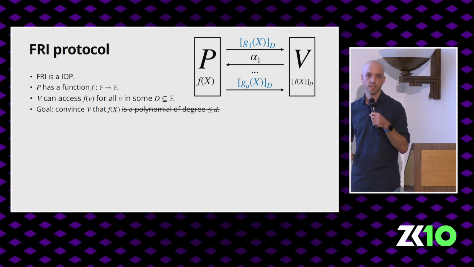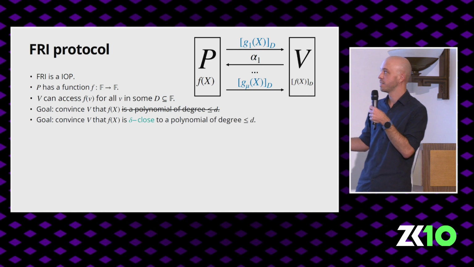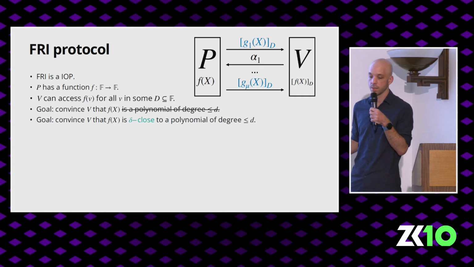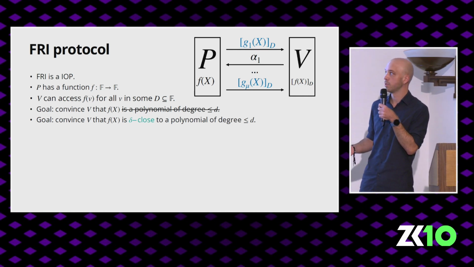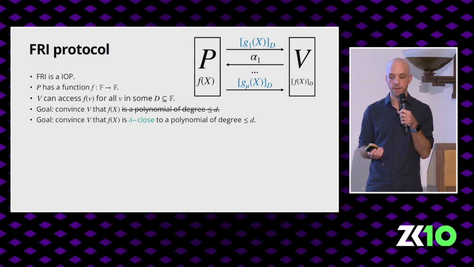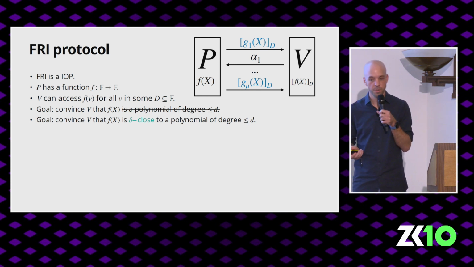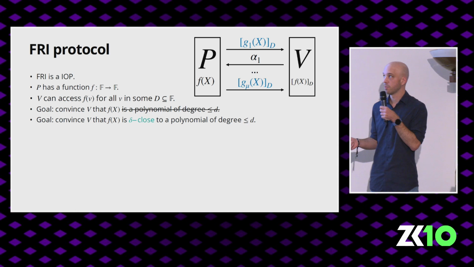Well, that's what we would like. That would be the ideal world, but unfortunately, FRI is a bit more complicated, and it only allows the prover to convince the verifier that f(x) behaves similarly to a polynomial of low degree, but not that it is a polynomial of low degree. And what does similar mean?